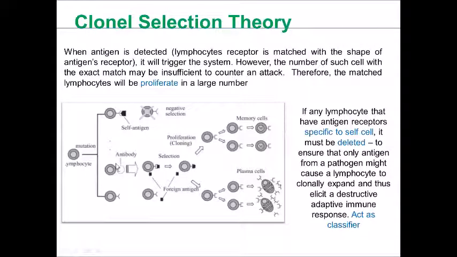And if it is matched, it will proliferate, it will be cloning. We call it a clone. It will generate more variations of the memory cell, meaning that if it binds, it is considered a non-self cell, and this is an attack.